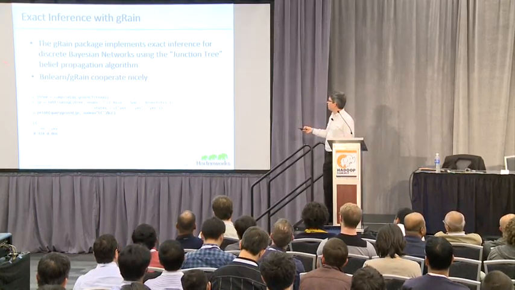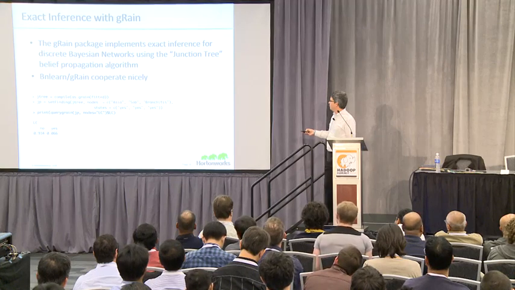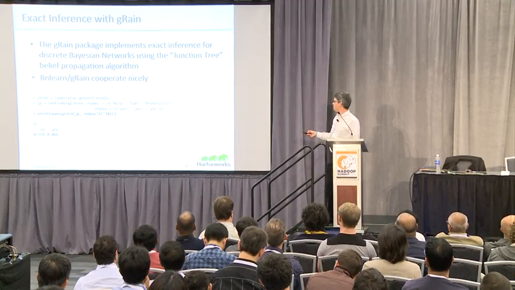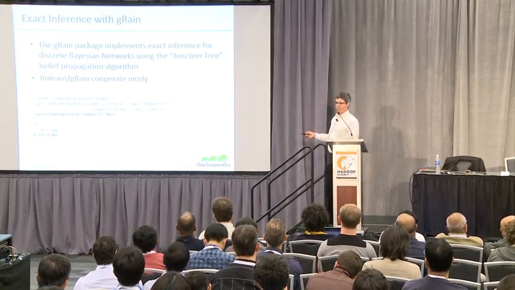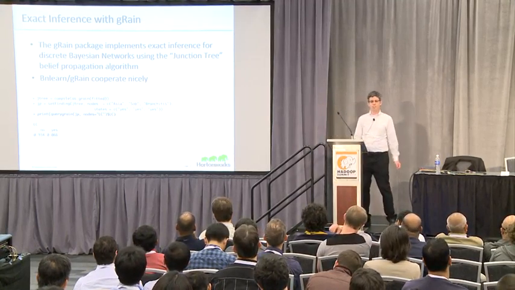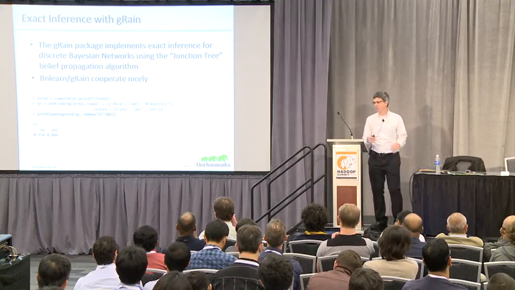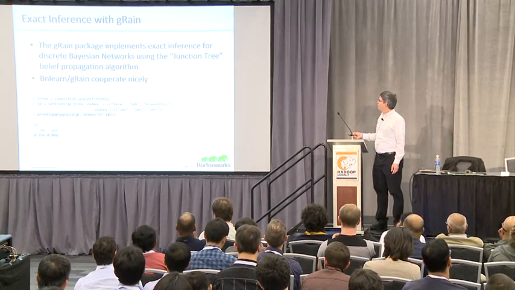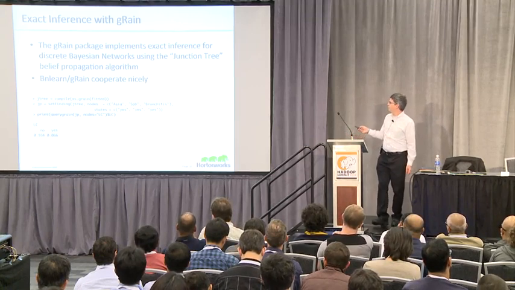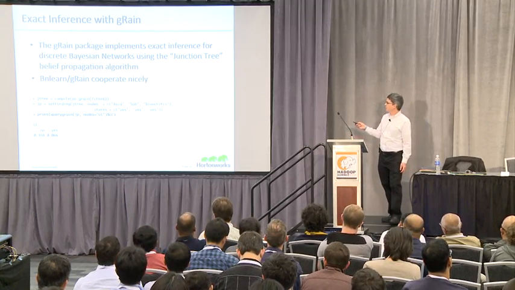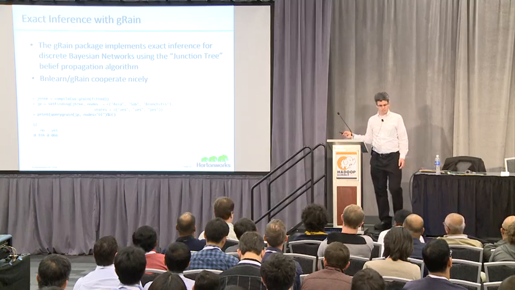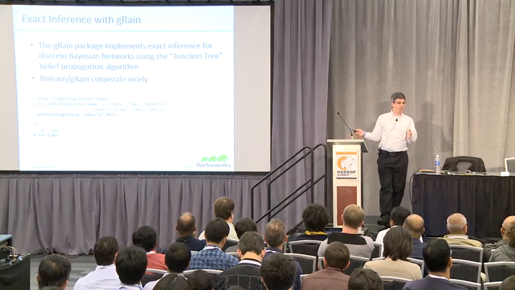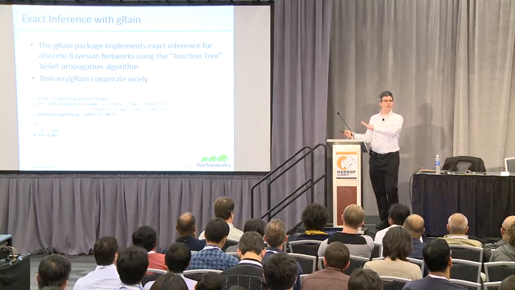So what we see here is you take the fitted model that we fitted with the CPTs previously. You convert it to a grain structure with as.grain. And then there's this thing called compilation. The exact inference algorithm that's very popular is called the junction tree propagation algorithm. I'll tell you in a minute why it's not very practical with large data, but I just want to show how it works.